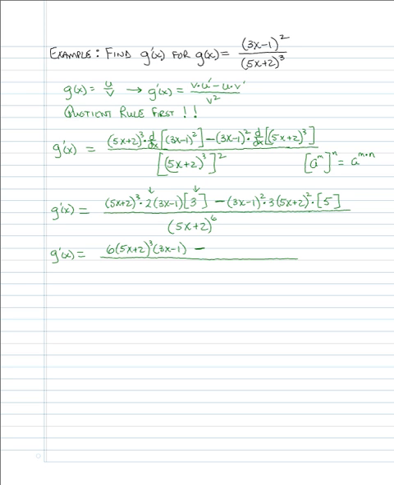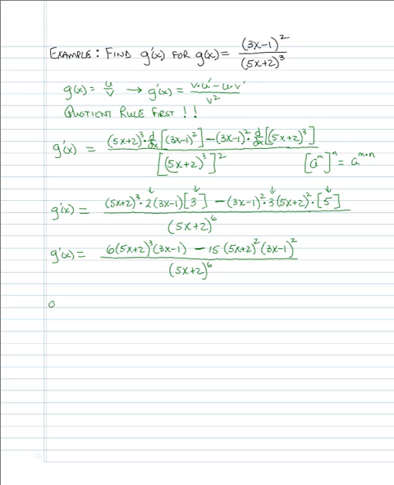And when I look over here, I have a 3 and a 5, and so that multiplies to be 15. And I'd like to write these in the same order, so I'm going to write the 5x plus 2 over here before I write the 3x minus 1. But the 5x plus 2 has an exponent of 2, doesn't it? And then I have the 3x minus 1 that also has an exponent of 2. And down at the bottom, I have a 5x plus 2 to the power 6.